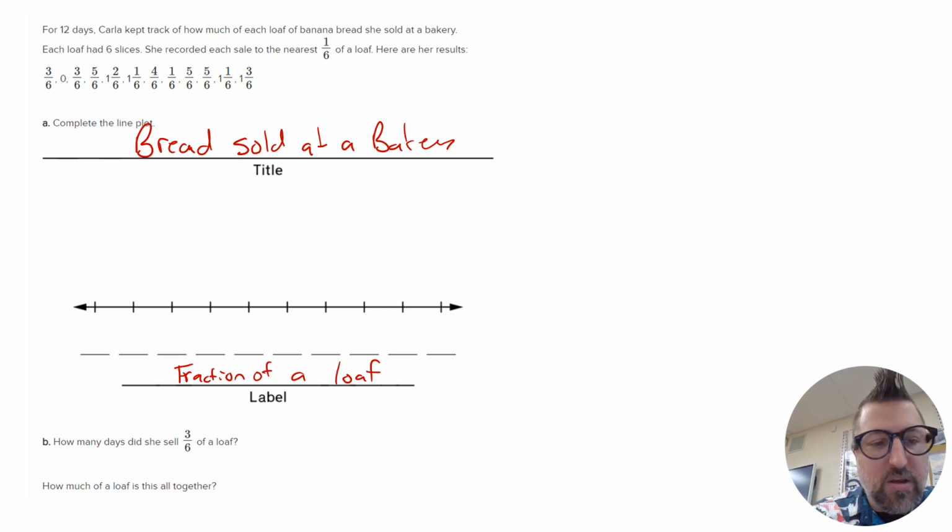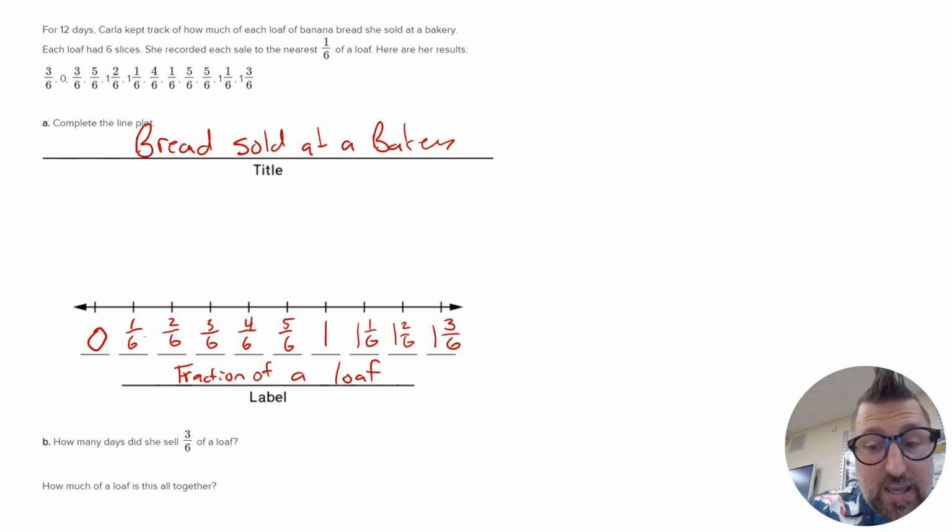So I'm going to start with 0 at my lowest, and then I'm going to go up by units of 1/6. So 1/6, 2/6, 3/6, and so on. And you'll notice that right here, instead of 6/6, I did 1 whole loaf and then continued on: 1 1/6, 1 2/6, 1 3/6.